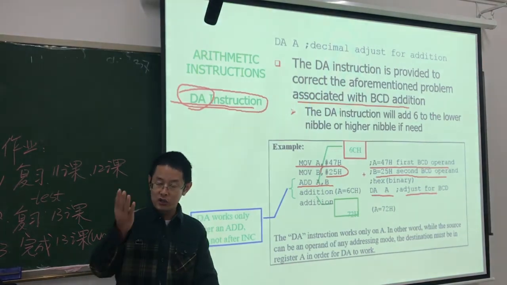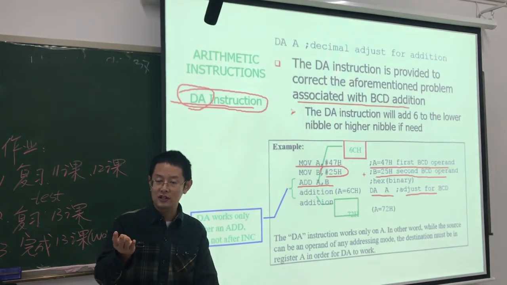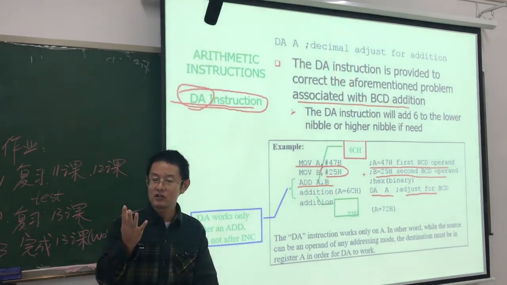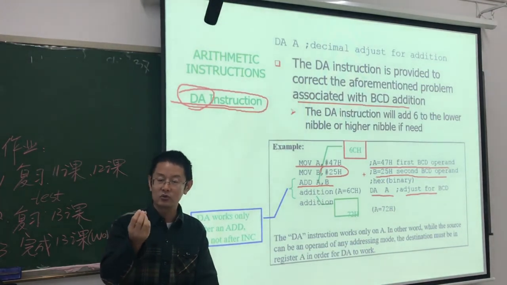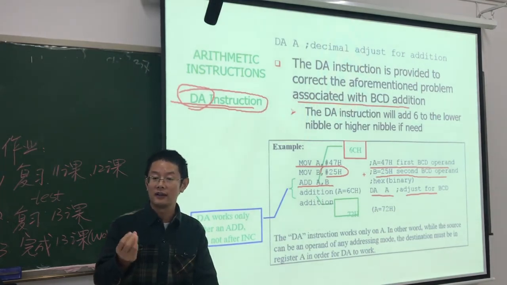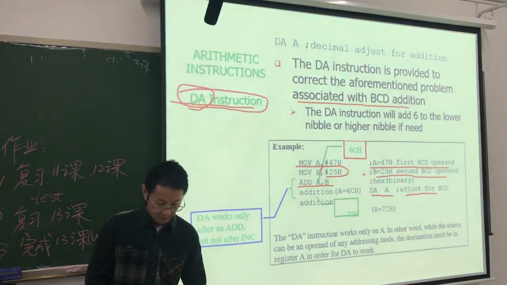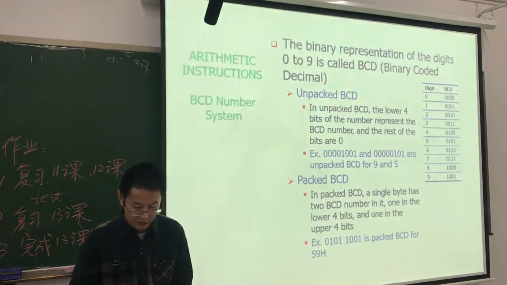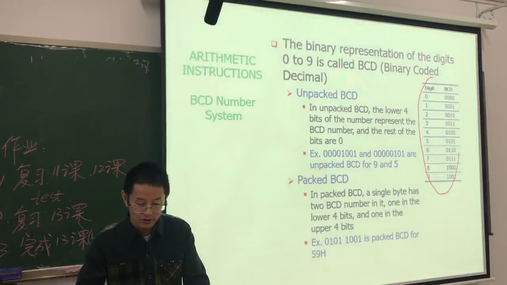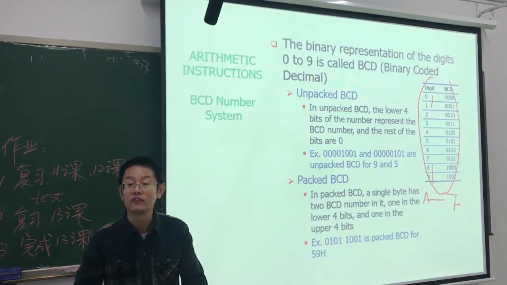In BCD code, there is no A, B, C, D, E, F, just 0 to 9.